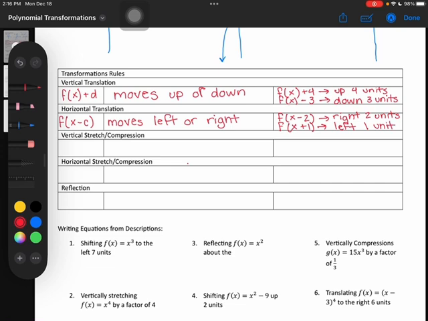Okay, so those are our translations, where we're picking it up and moving it right or left or up or down. Now we look at our vertical stretches and compressions. That's when we multiply by a number outside of our function, in front of everything. This is going to stretch or compress it, so we can think of it as changing how wide it opens.